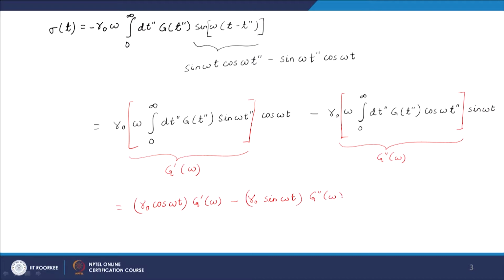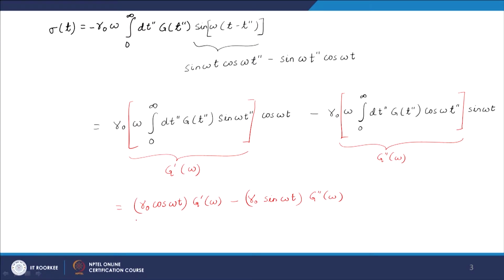minus gamma naught sine omega t multiplied by g double prime of omega. Now, since cos omega t is in phase with the applied shear, that is gamma naught cos omega t, and the sine omega t is in phase with the applied shear rate because that is minus omega times gamma naught sine omega t, what we can think of is that this is something of the sort G gamma, and this is something of the sort eta gamma dot.